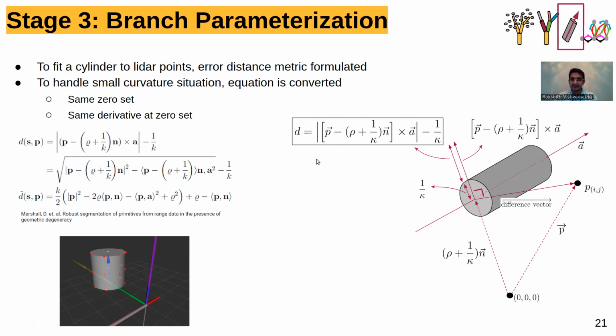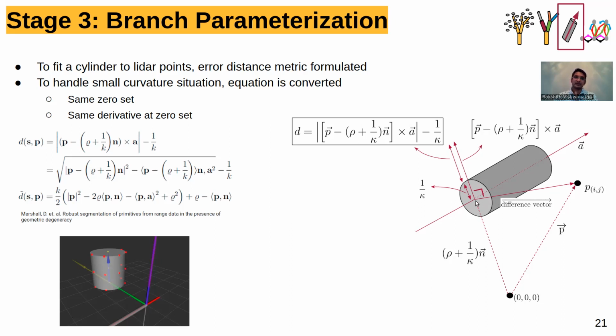So the way that this distance metric comes about is we take a vector from the origin to the point in the point cloud, let that be Pij, and we take the normal vector from the origin perpendicular to the axis. Once we take the difference between those two and then calculate the cross product between that difference vector and the axis vector, we obtain a vector that lies in the radial plane of the cylinder.